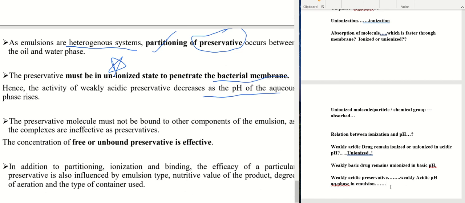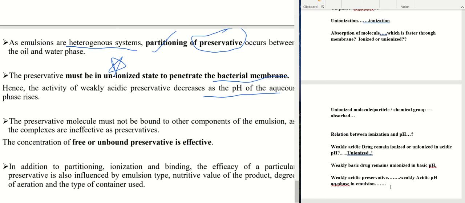In this lecture, we discussed the types of instability problems that we see, how we can overcome these unstable problems, and the various rheological behaviors of different types of formulations that are considered as emulsions. We have discussed the importance of adding a preservative to the emulsion. And the most important point of this lecture is the methods to assess the stability of an emulsion.